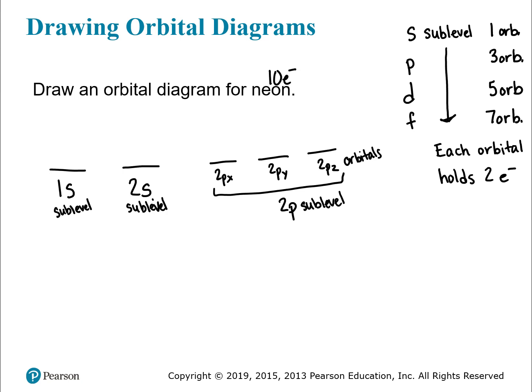P sublevel, 3 orbitals. In this case, the 2px, 2py, and 2pz. You don't need to know this specific information about the x, y, and z, but you do need to know that the P sublevel has 3 orbitals. The D sublevel has 5 orbitals, and the F sublevel has 7 orbitals, and each of them can hold 2 electrons.